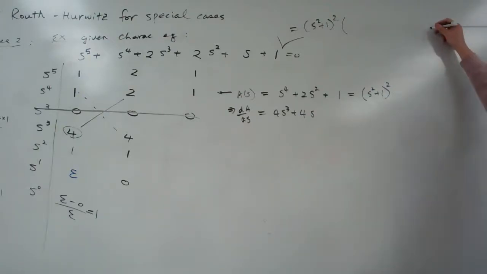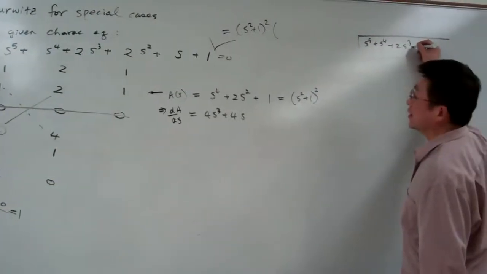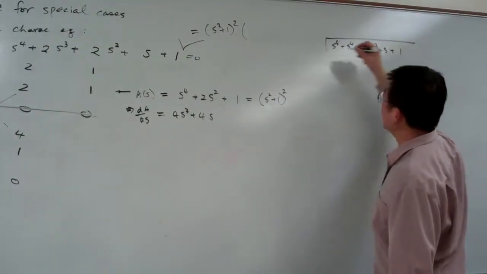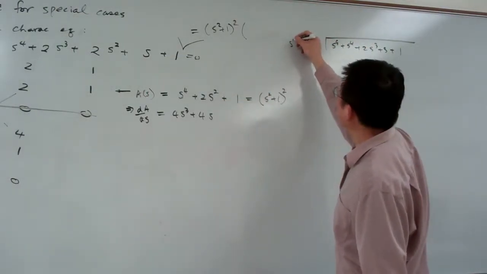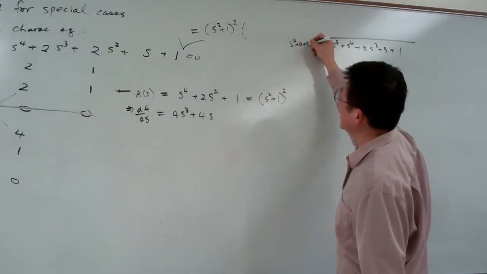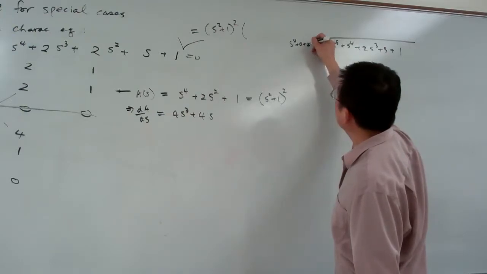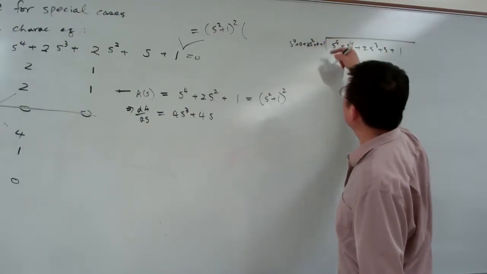So for example, here you can just divide it. Okay, so s^5 plus s^4 plus 2s^3 plus, say, s plus 1 divided by this one, s^4 plus 0 plus 2s squared plus 0 plus 1. You simply divide it.